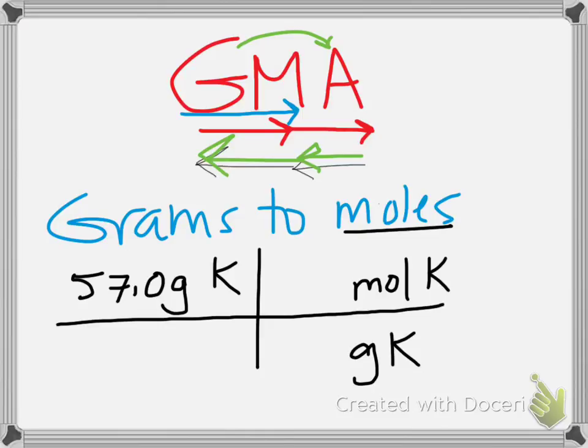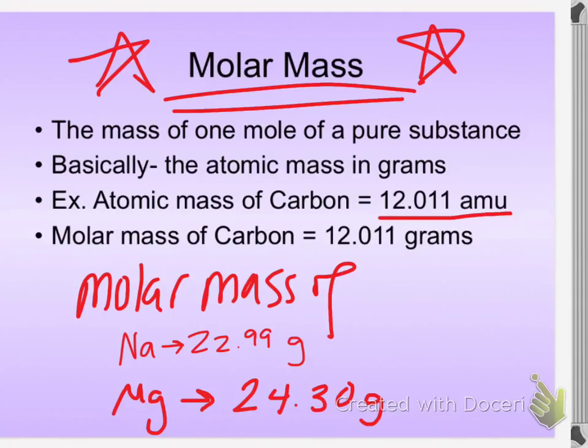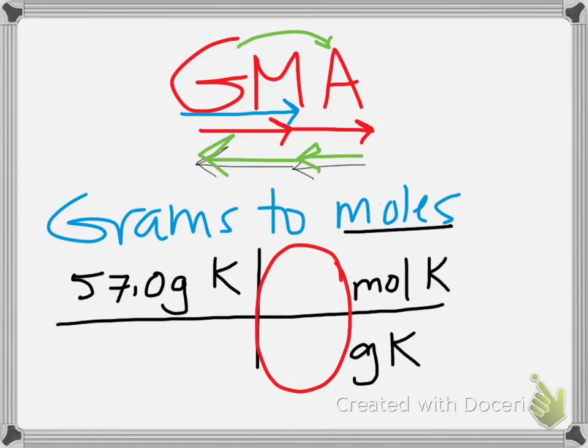Okay, remember that all conversions are based on a relationship where 2 things are equal. So if we go back to that idea of molar mass, 1 mole of a substance is equal to the atomic mass of that substance in grams. So you got your periodic table handy?